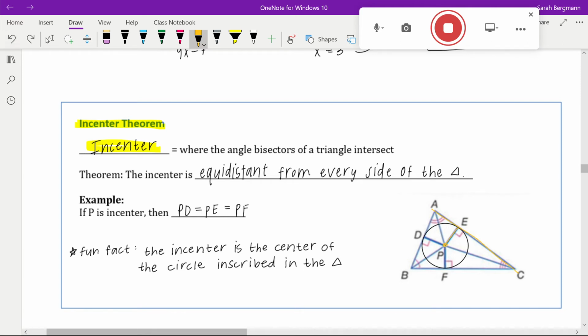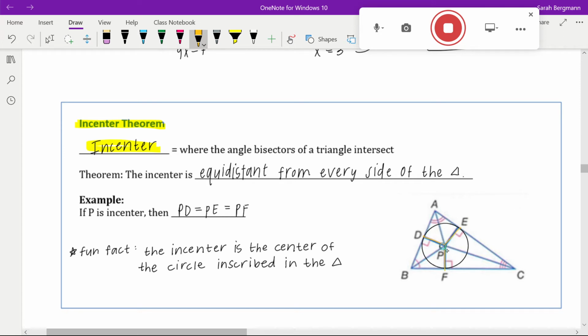And finally, that also must be the same from point P to side BC, which is measured along segment PF. So I know PF equals PD, which also equals PE.